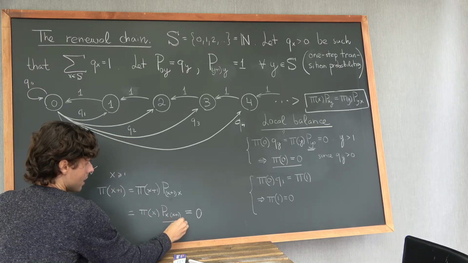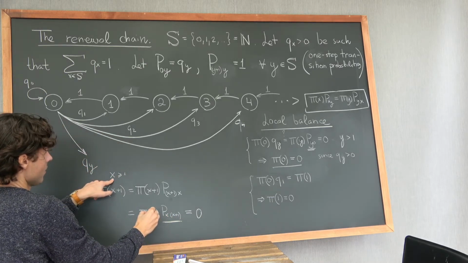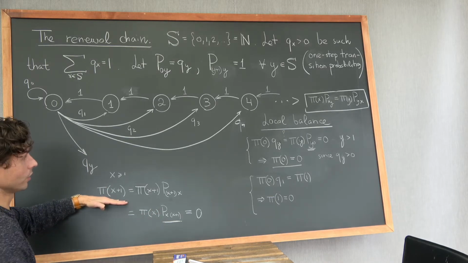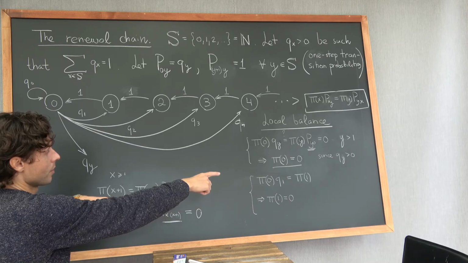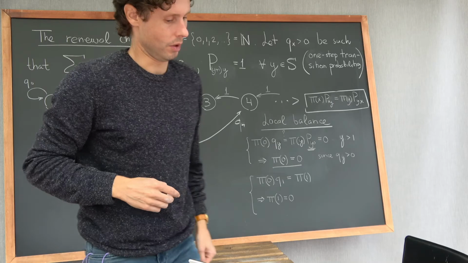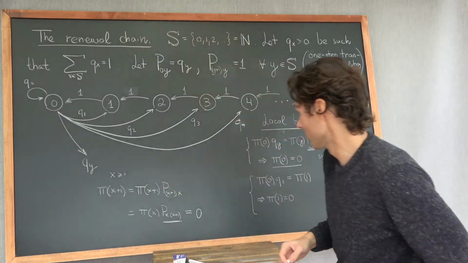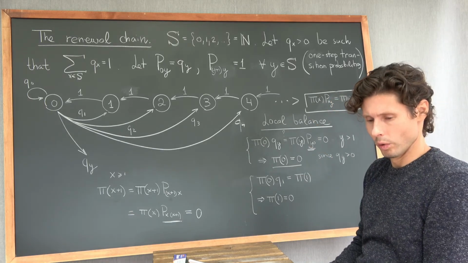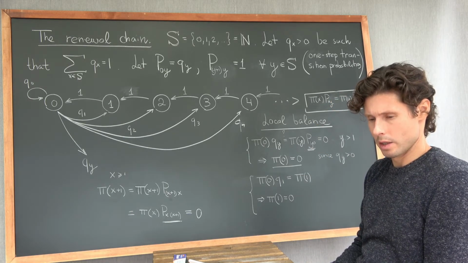Because this guy is always equal to 0 when x is greater or equal to 1. And so at that point you've concluded that pi 0 is 0, concluded that pi 1 is 0, and now any pi x plus 1, or just in general pi x, is 0. And so now we have that if these equations are to hold, they imply that pi is 0 everywhere.